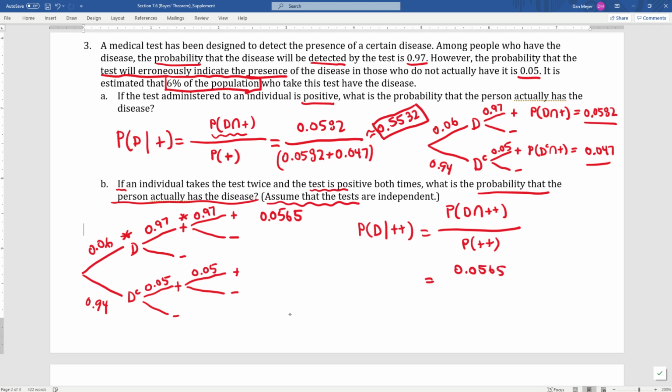It's also one piece of our denominator. The other piece of our denominator is when I take the 0.94 times the 0.05 times 0.05. And that gives us 0.0024 when I round to 4 decimal places.